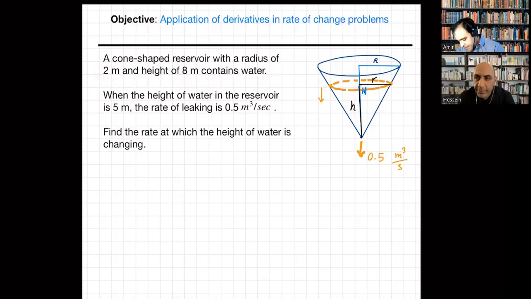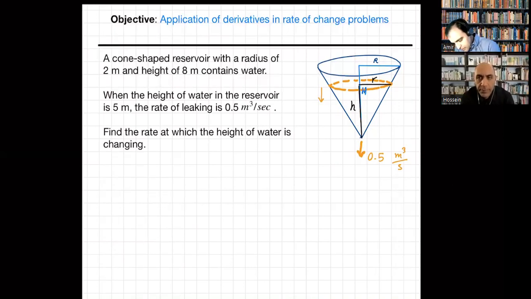Okay, we have a rate of change in the volume of the water because of this leakage. We first need to know the volume of the water, which is inside a cone. So the volume of water is also that of a cone.